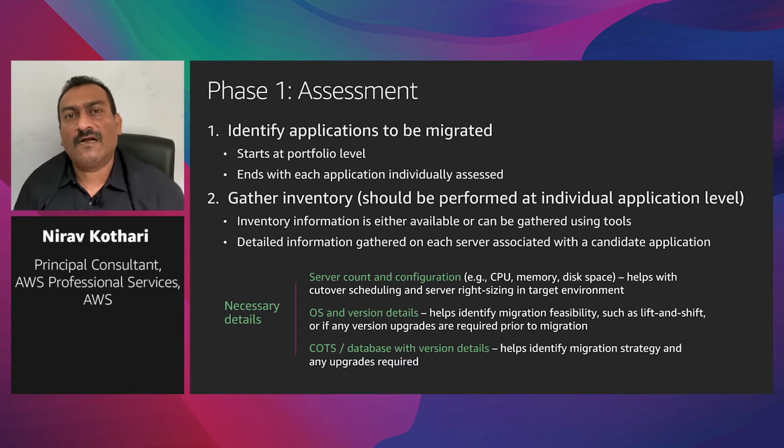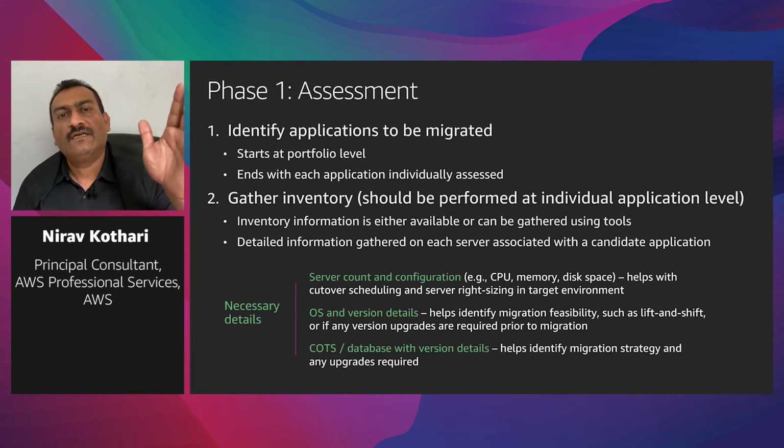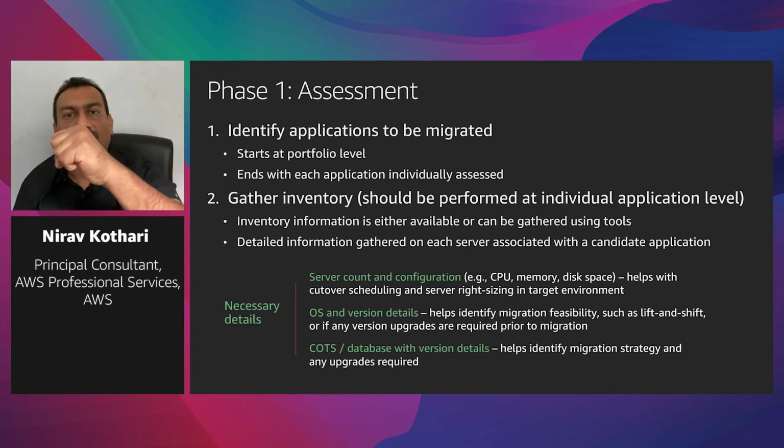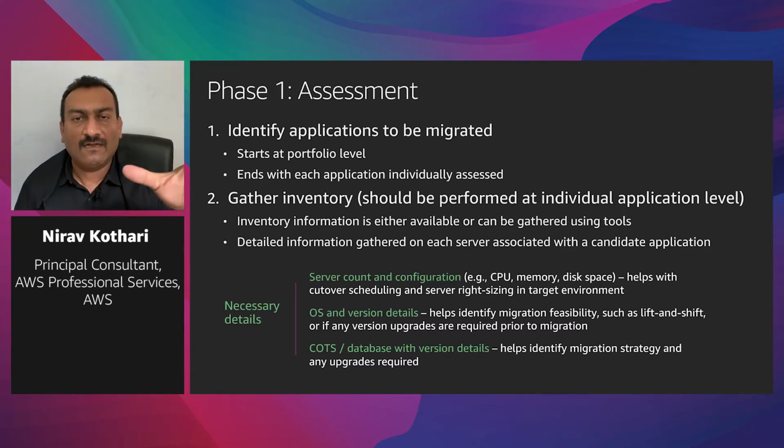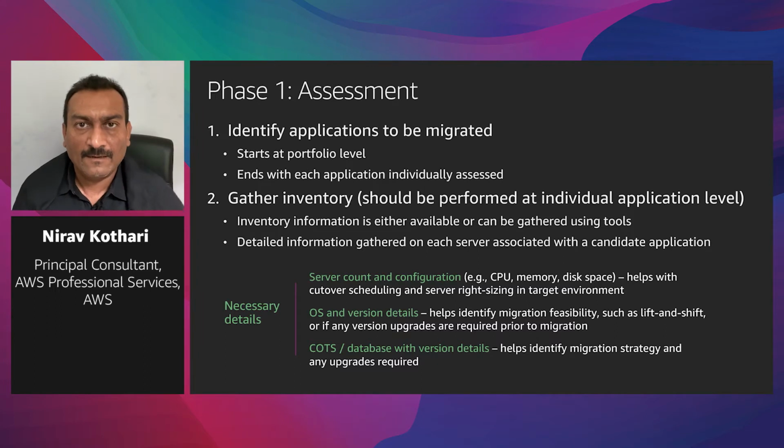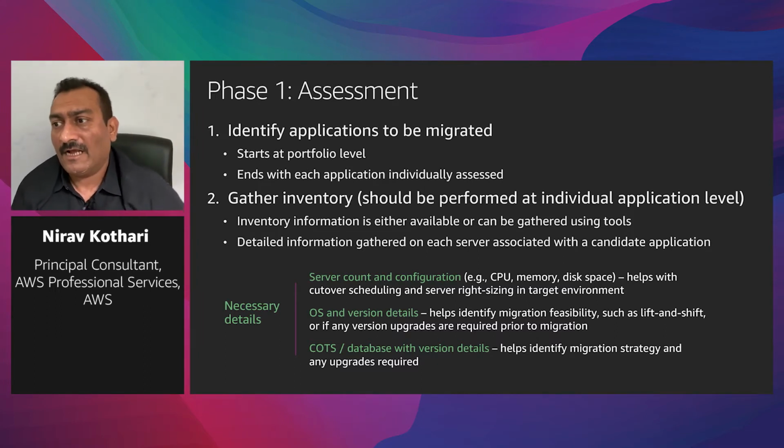So a checklist coming out of the first phase, the assessment phase, will ensure that everything that you require to do readiness and planning, which is the next phase, is being consistently captured. All right? So let's dive deeper into the checklist for the assessment phase. The first thing that I would talk about is a good, solid inventory.